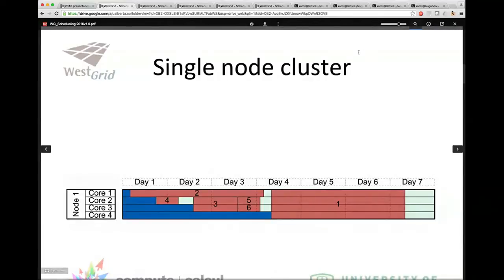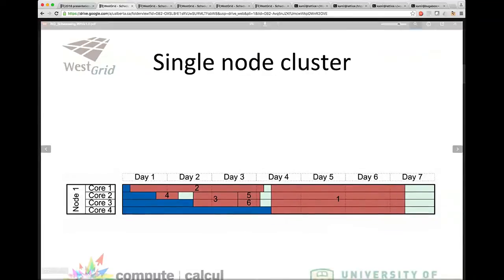Let's look back at our single node cluster. Notice something else. Okay, we have a question. How do we know the state of jobs that are running at the moment? Well, we'll cover this later, but there's commands such as qstat, which will show you how many jobs there are.